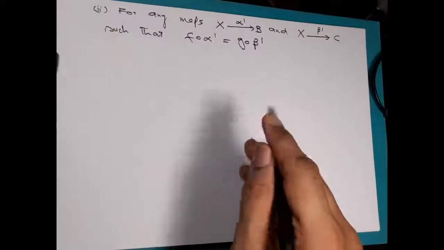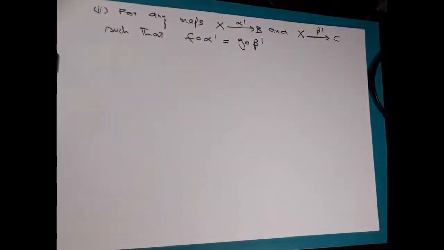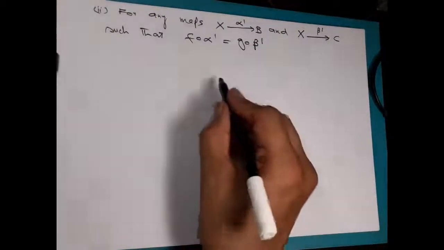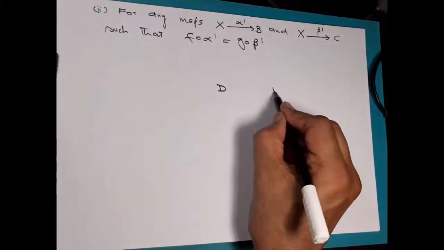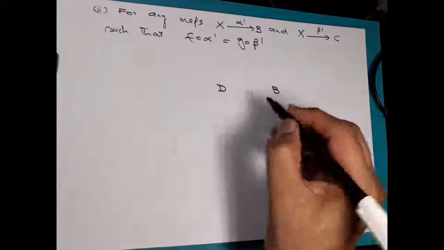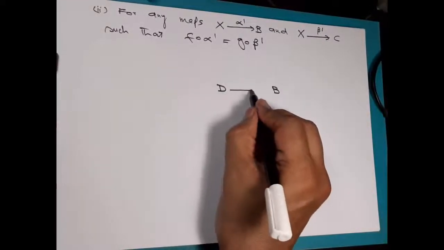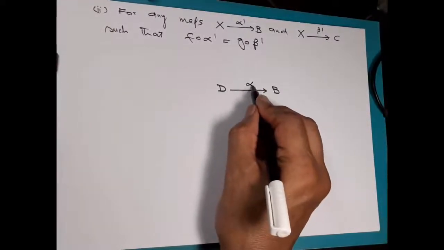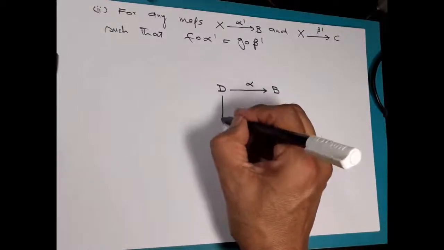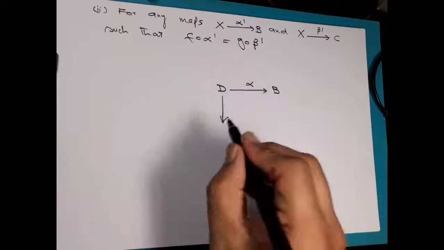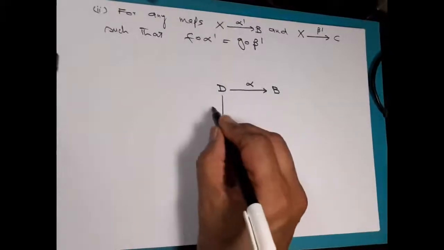So we have object D, and we have object B. We have an arrow from D to B, which is alpha. We have an arrow from D to C, which is beta.